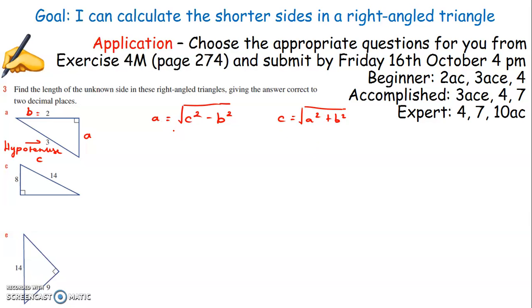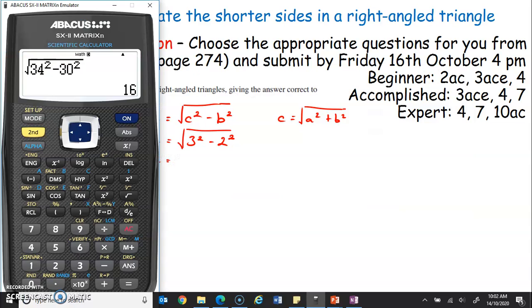Okay, and so we're just going to put the numbers into the formula. So we have the square root of C, which is 3, so 3 squared, minus B, which is 2, so 2 squared. And what we just need to do is put this into our calculator.